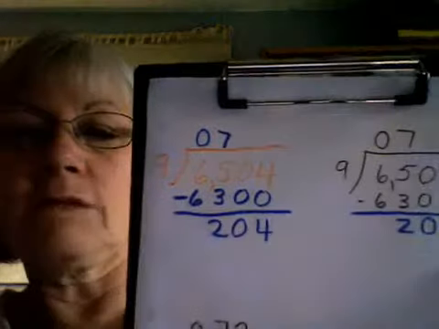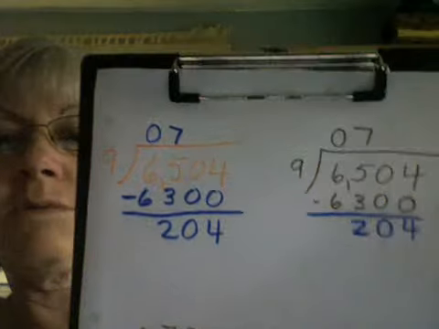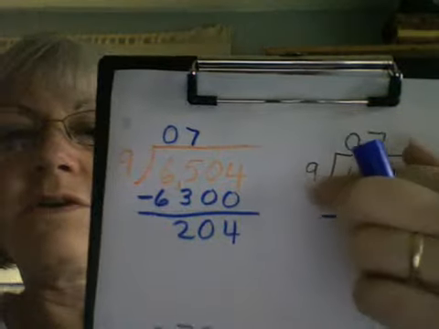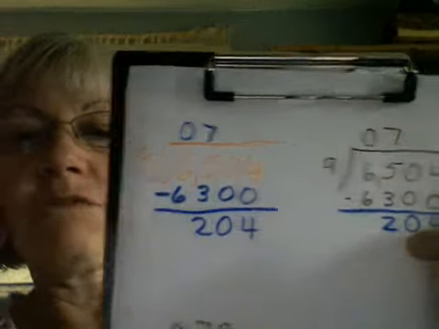Next, because we have 204 left, we'll need to see what to do with 20. How can we divide 20 into 9 equal groups? We're working right over here, 9 equal groups, and we divide 20 because we have 20 tens.